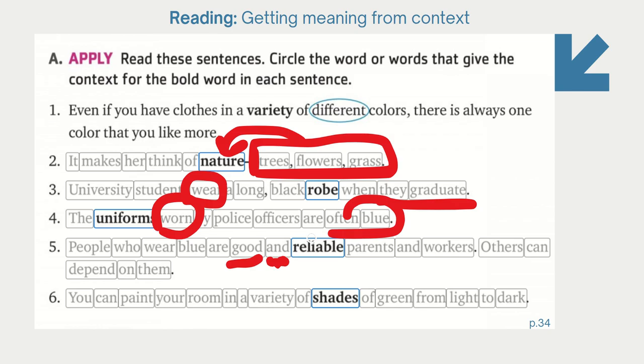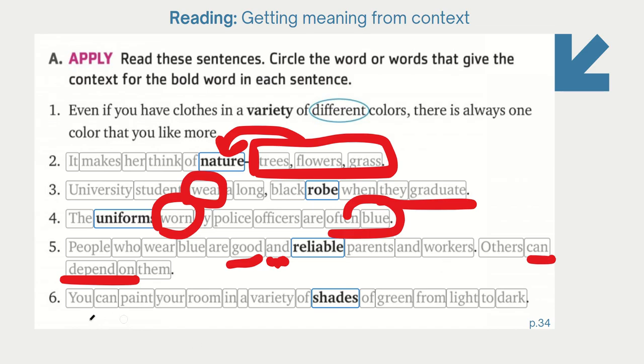So if you cannot translate it, you can guess it should be something good, right? Good parents and good workers. Others can depend on them. Actually, reliable means depend on. You can trust.